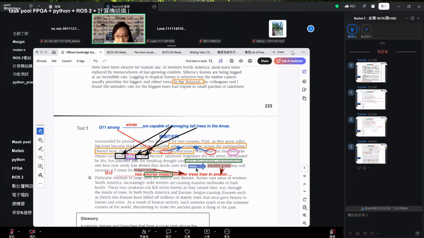Death rate will double. So that was referring to the drought. Drought, which is a singular noun, right, has a worse impact because they say have devastating consequences. Okay, so this one is explained. This is the answer up here, drought. Right, moving on to question 13.